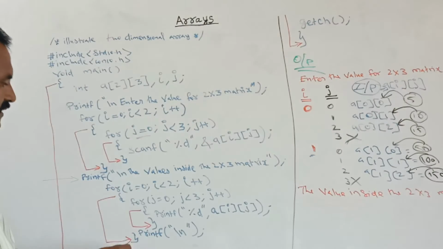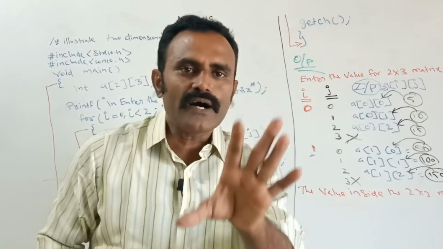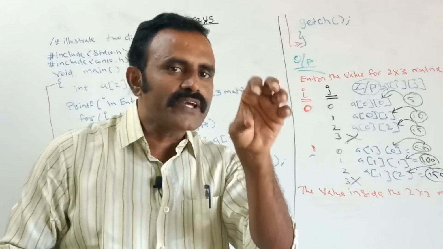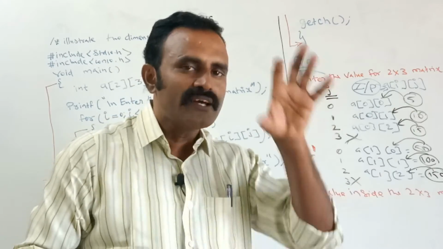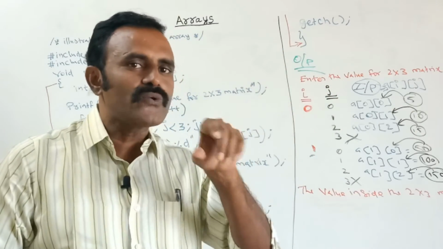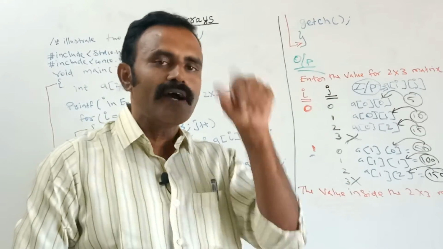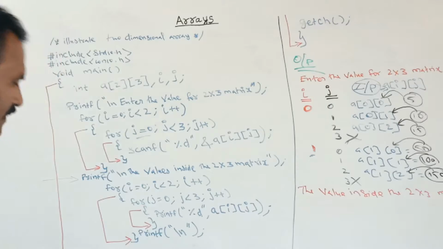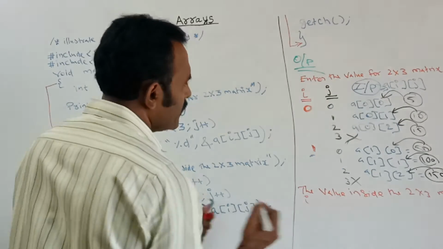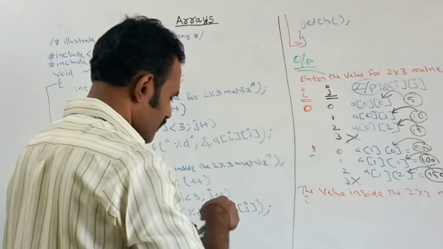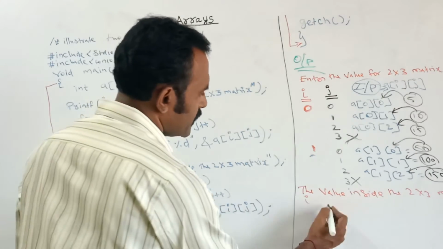After that, in a similar way, I am using these 2 for loops for fetching that particular location where the element is already stored. With the help of that position, we are going to fetch the element and display it on the output screen. So here, this is the i, the first or outer loop, and this one is the inner loop. The inner loop is j.